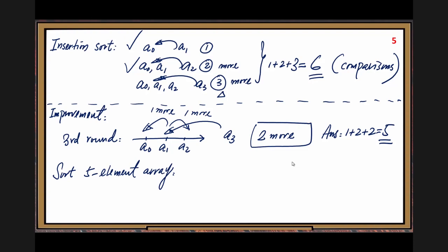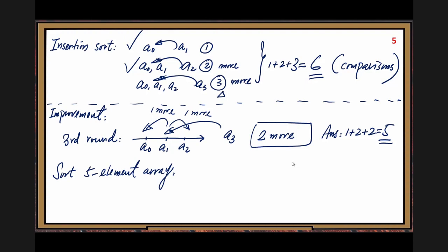Okay. Can we generalize? Because from 3 to 4, we did it successfully. Here, can we improve? Here we have 4 elements.